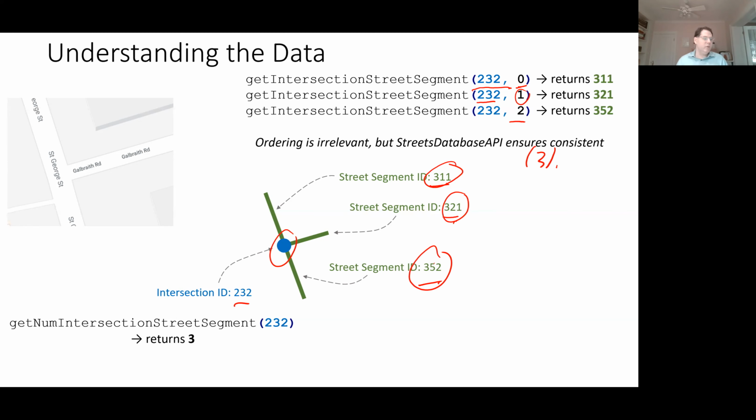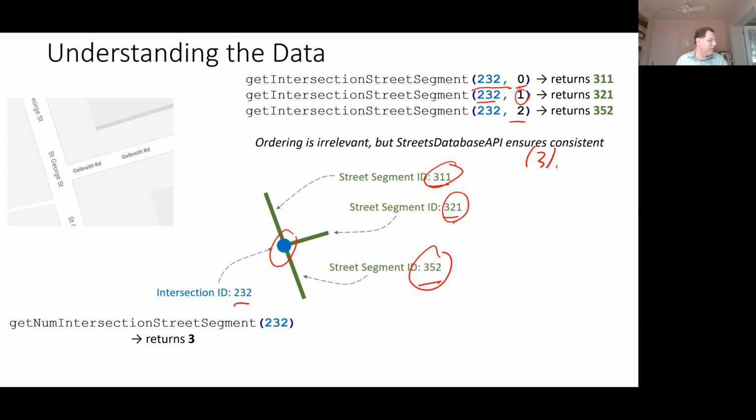I should never ask this question with 3. This particular intersection only has 3 street segments connected to it, and the API will crash if you do that. But you know that it only has 3 because you asked how many there are before. We have that other API call.